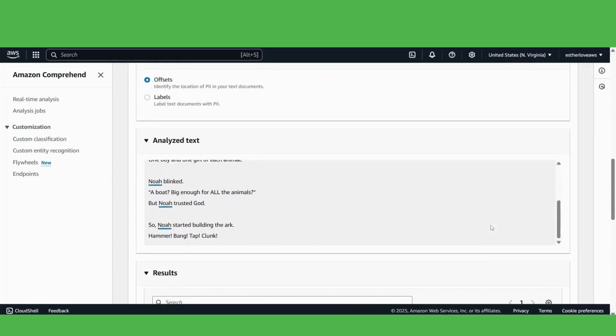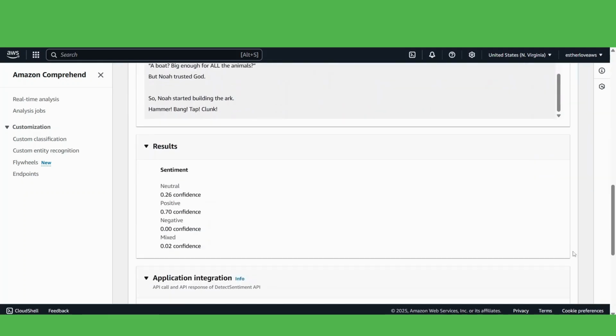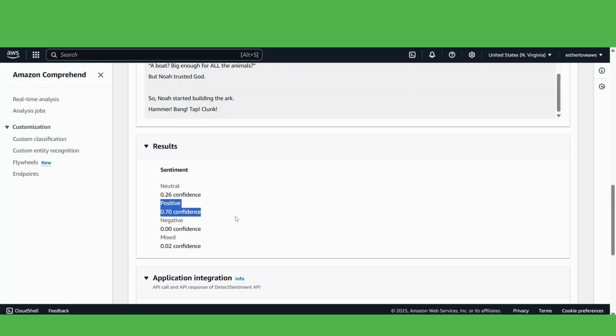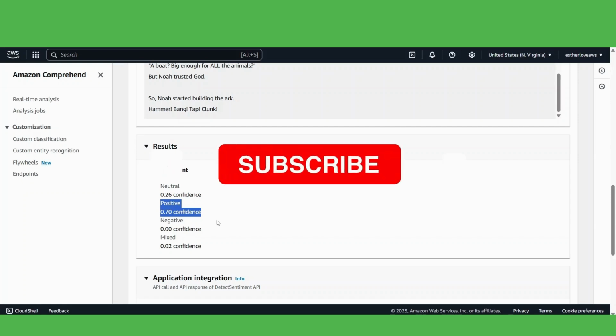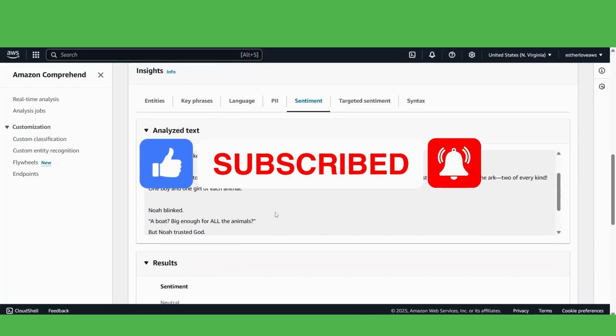Yes, Noah, which is a name. All right. Sentiment, which is the emotions. So basically, the analysis is saying that most likely this is positive rather than neutral. All right. And yeah, it seems like that's what it's saying.